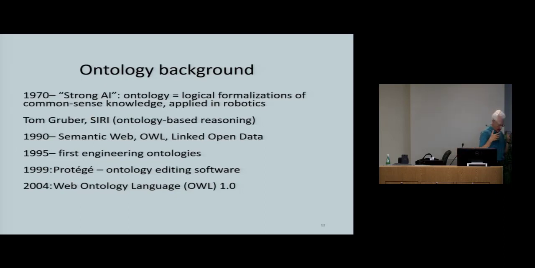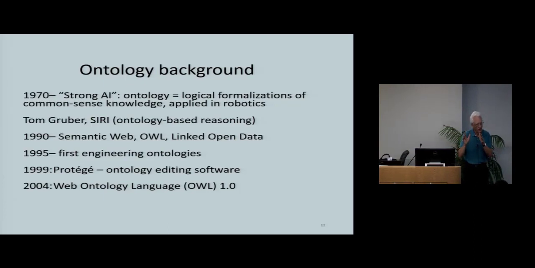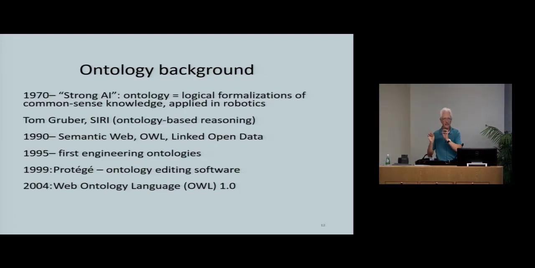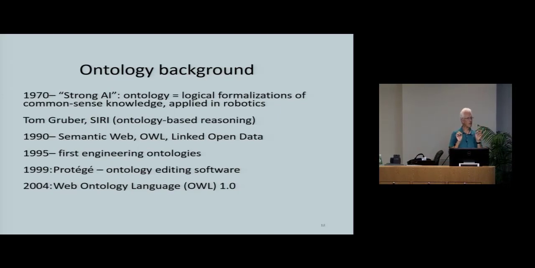And so they said, well, if Quine takes the first-order predicate logic formalization of a scientific theory as a way of defining the ontology of that theory, then we can take a first-order predicate logic representation of common sense, human everyday knowledge, and work out the ontology of common sense, of folk ontology, or naive ontology, by looking at that formal theory. And in this way, the word ontology became part of the technical vocabulary of computer science.